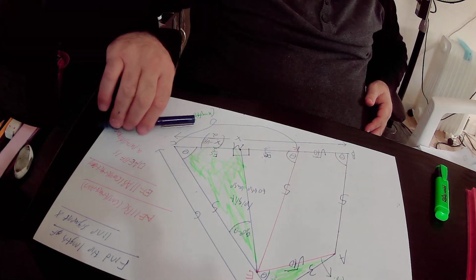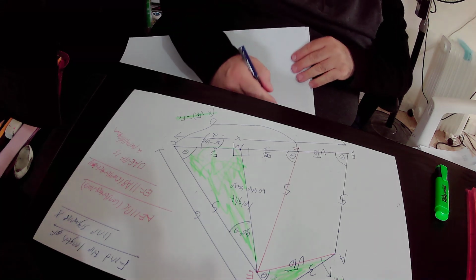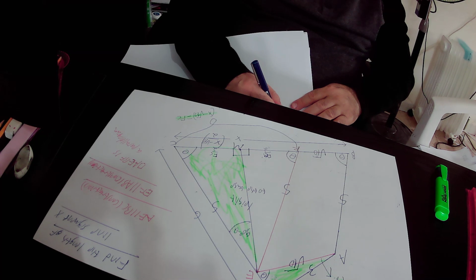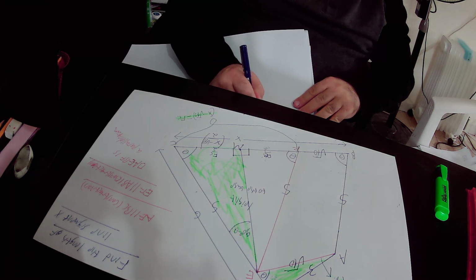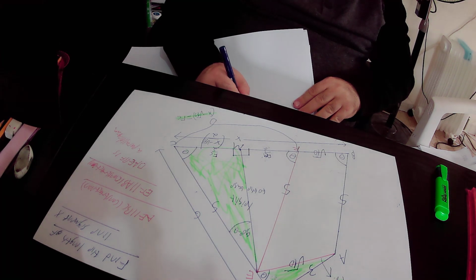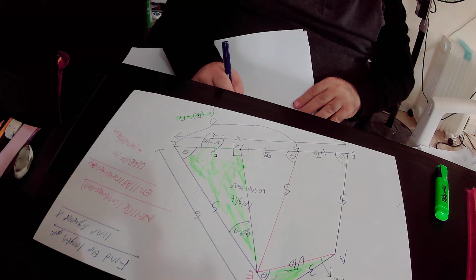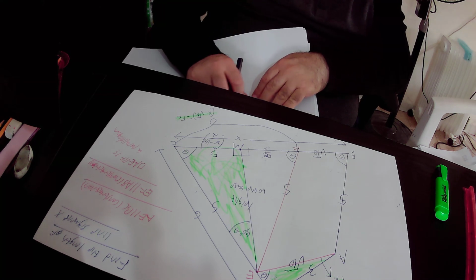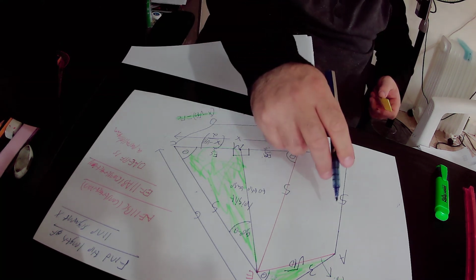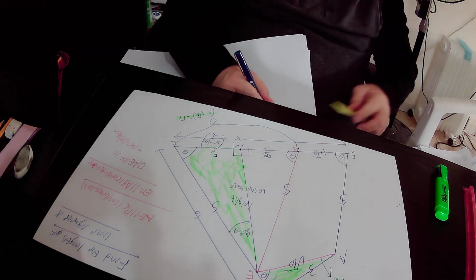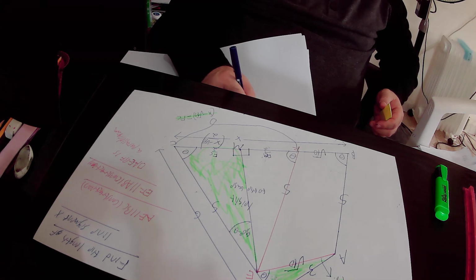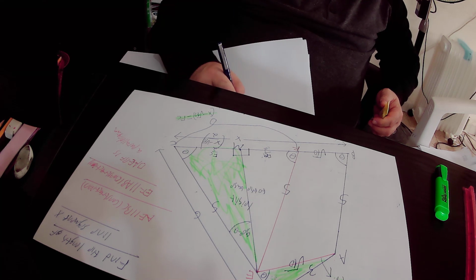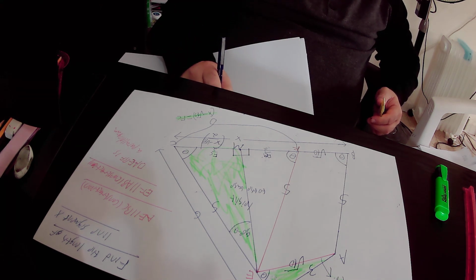So angle DAE, this angle, equals this angle that is actually angle MEC, and they are both equal to 90 degrees minus theta.